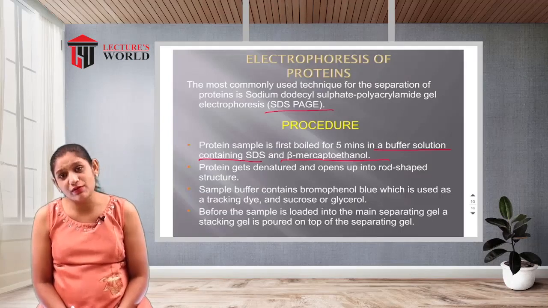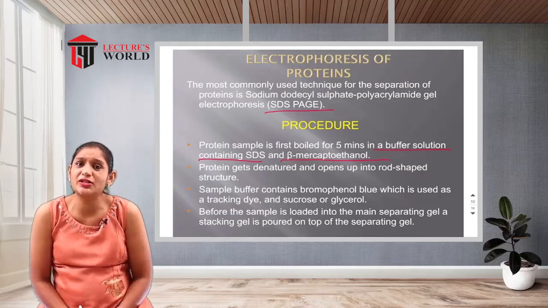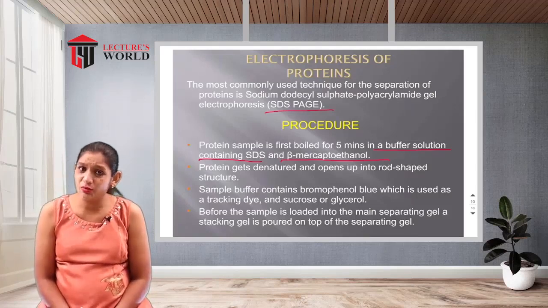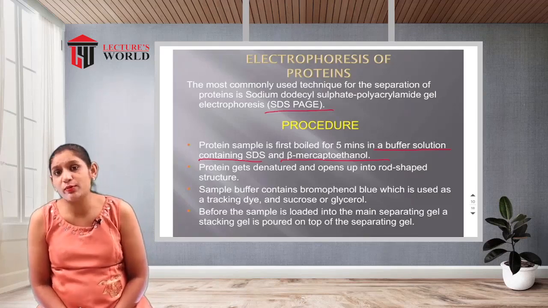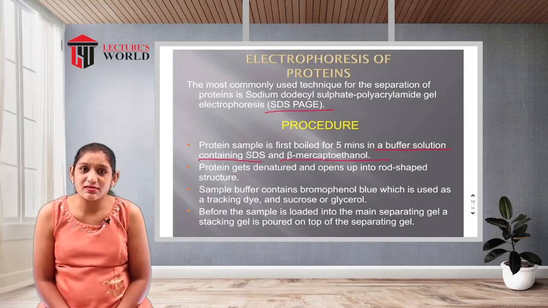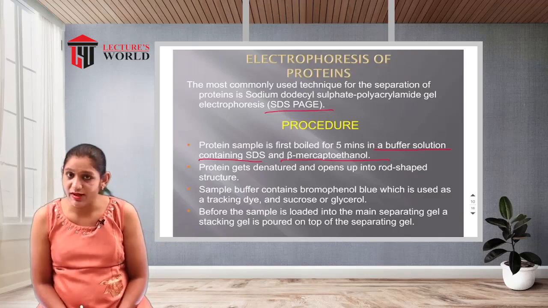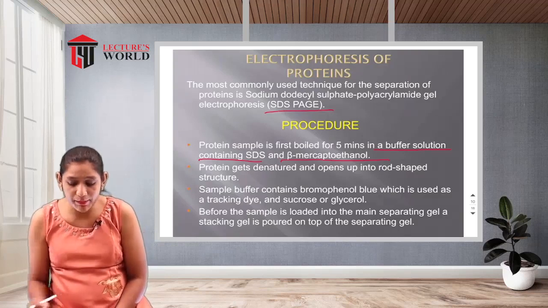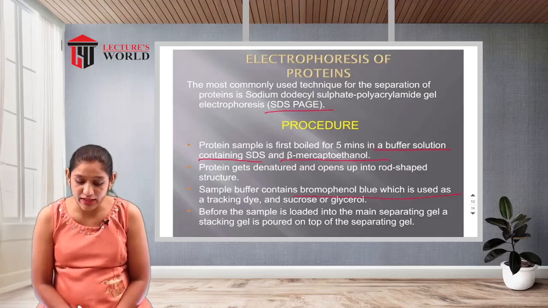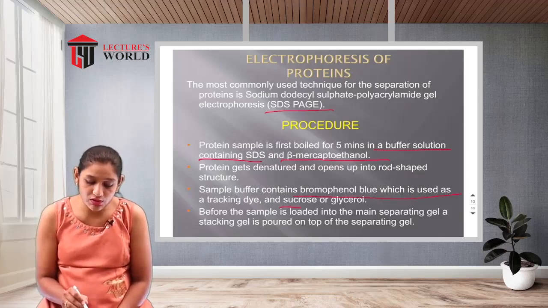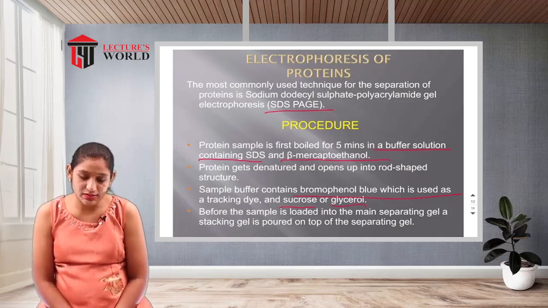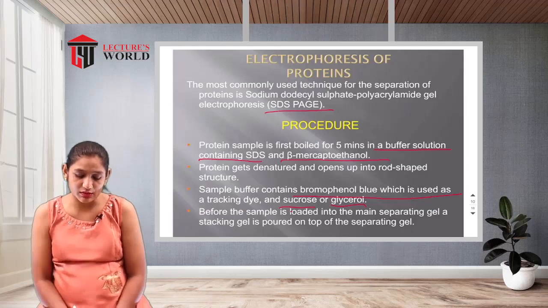So after separation by 2D gel electrophoresis, using an ultraviolet transilluminator we can identify the bands by the luminescent effect. The sample buffer contains bromophenol blue, the tracking dye, used with either sucrose or glycerol.